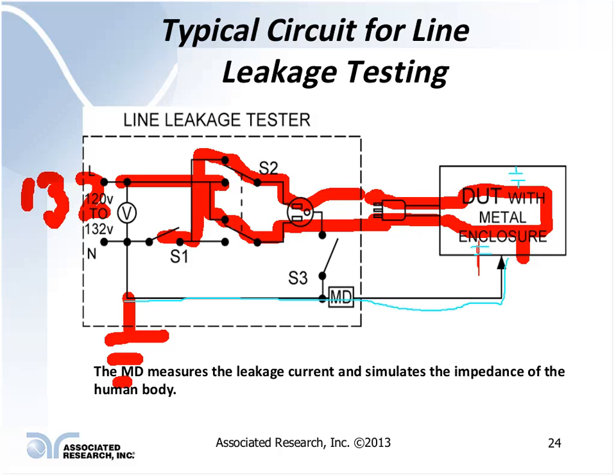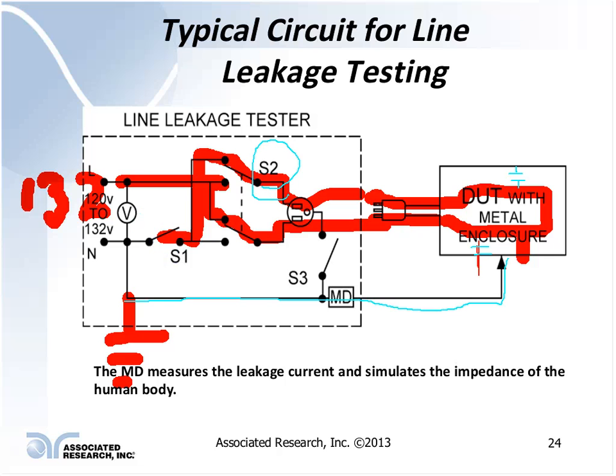This would be worst case condition. Reversing this relay S2, changing the polarity of this, really wouldn't change this. My leakage current would be approximately the same because I still have no return path past this neutral switch over here.